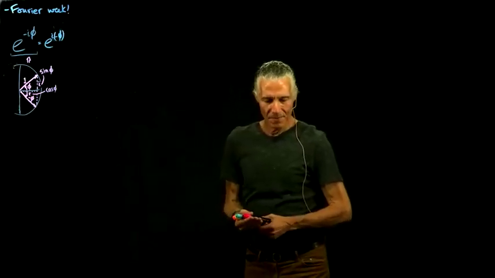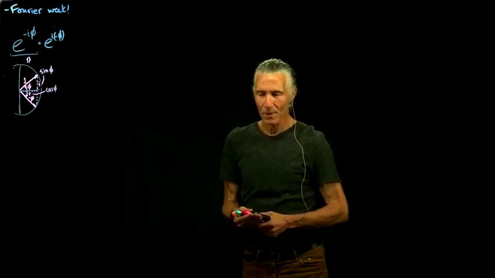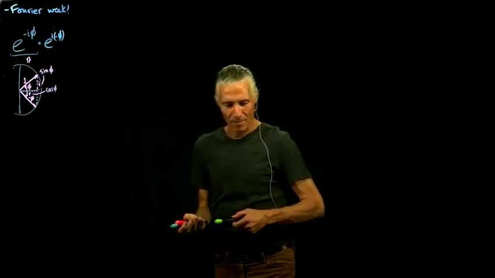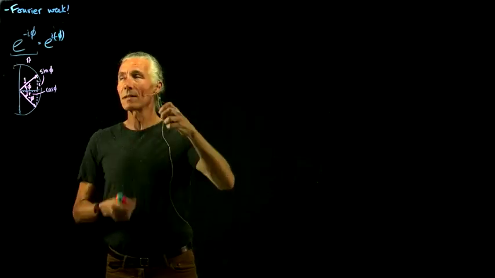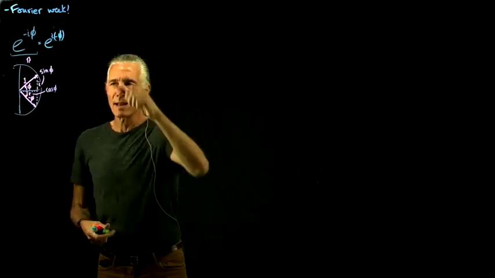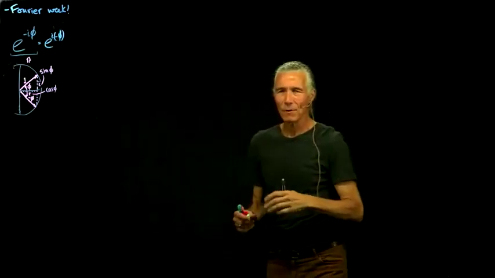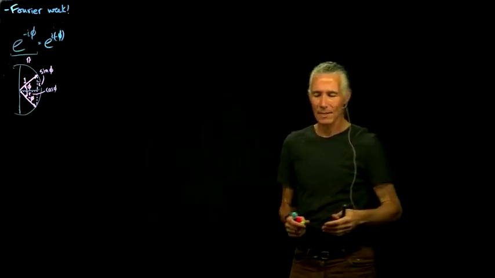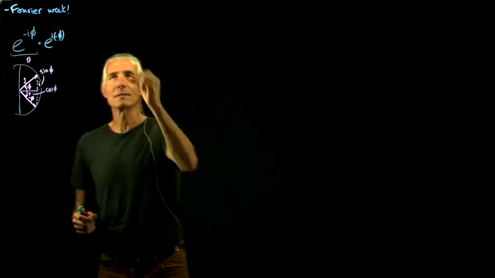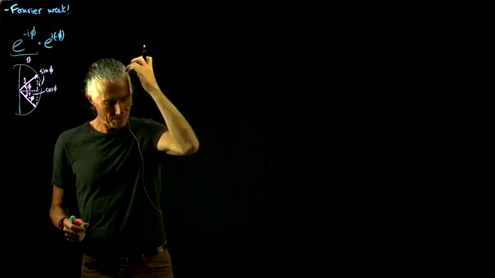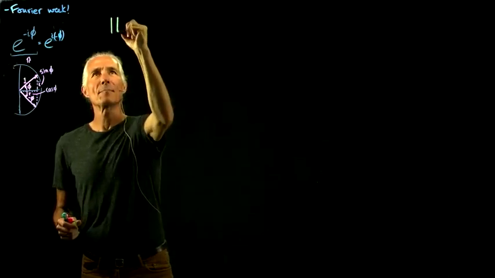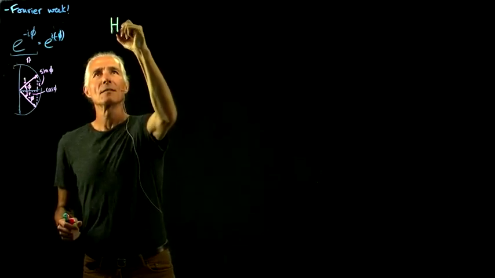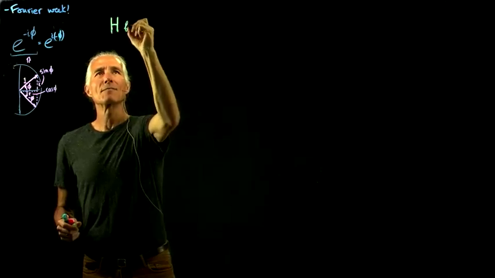So let's start off with the Fourier transform. When you're writing a Fourier transform, you often use a capital letter for something that has been Fourier transformed into the frequency domain. So there's our capital H, which is a function of frequency.